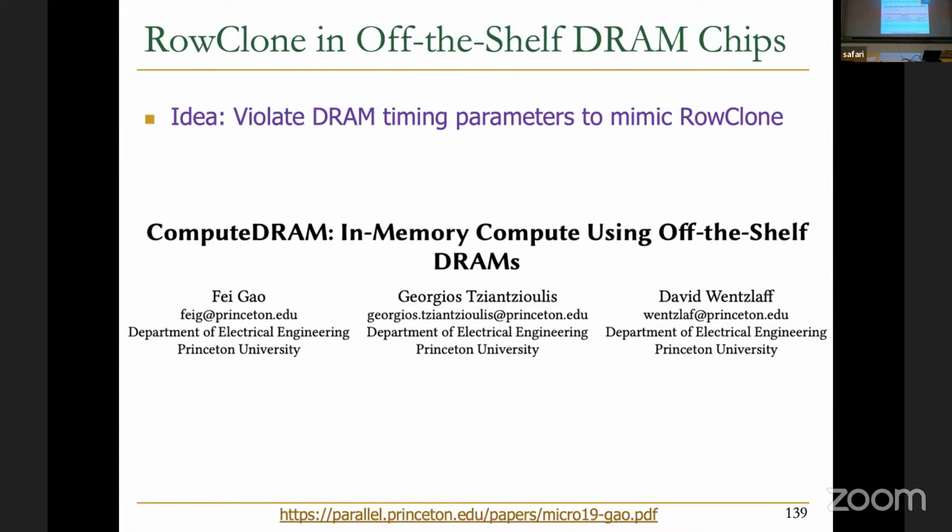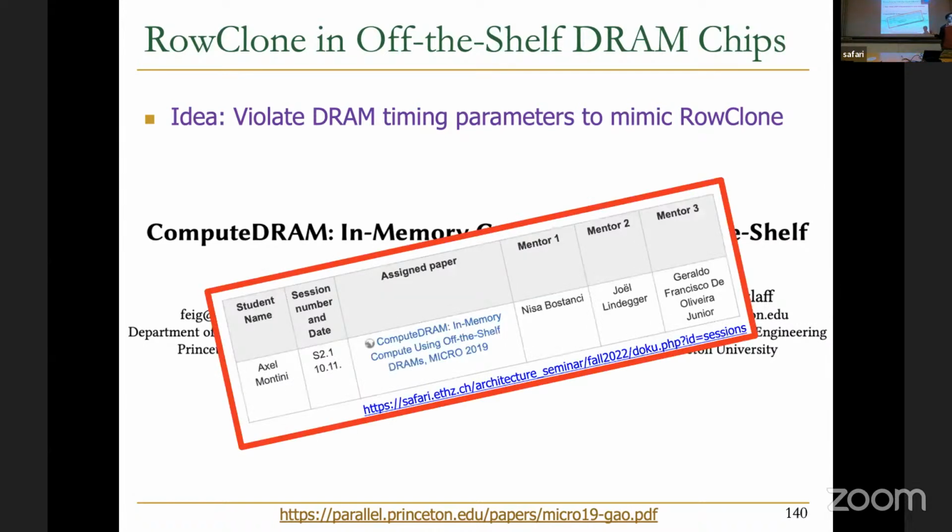And in the ComputeDRAM work presented in 2019, they were indeed able to execute RowClone operations with real, off-the-shelf DRAM chips that are not designed to support this operation, but by playing with the timing parameters of DRAM, they were able to emulate these RowClone copies. You will learn more for sure about RowClone and about ComputeDRAM in this course, because this is also another paper that we are going to discuss in the course.